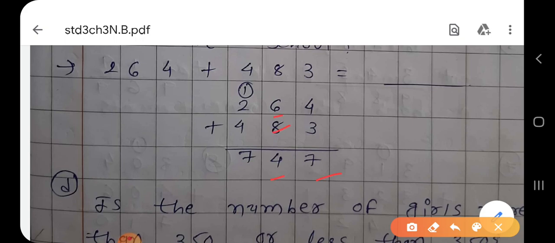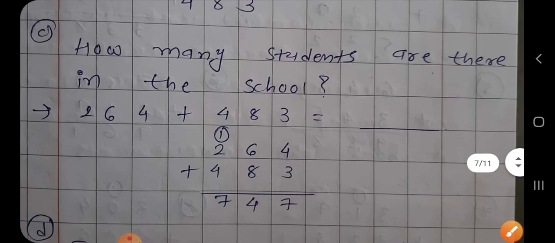So 4 and 1 carry. 1 plus 2 is 3. 3 plus 4 is 7. So the answer is 747. So 264 plus 483 is equal to 747. So there are a total of 747 students in the school.